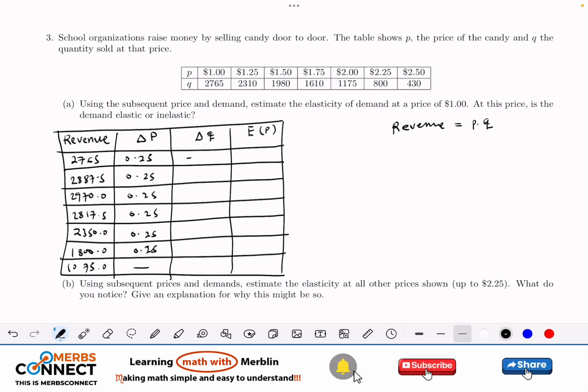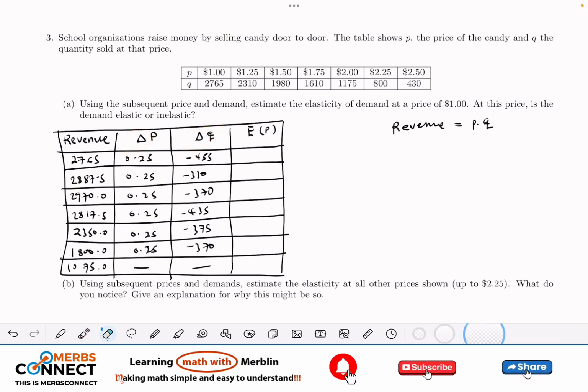We are going to have minus 455, minus 330, minus 370, minus 435, minus 375, minus 370, and here too we don't know what we are going to get because we don't know the previous price. Good. So that is the change in quantity.